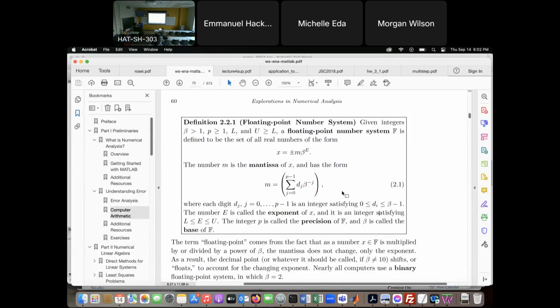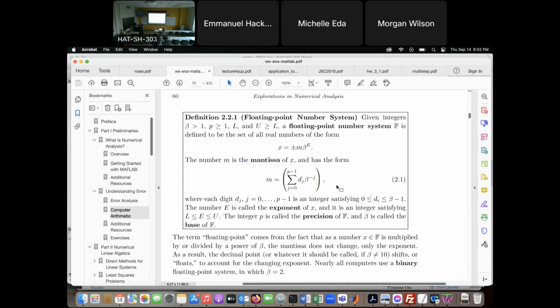By convention, the leading digit should be non-zero. The total number of digits we can have, p, is called the precision of a floating point number system. That's something we're going to be looking at.